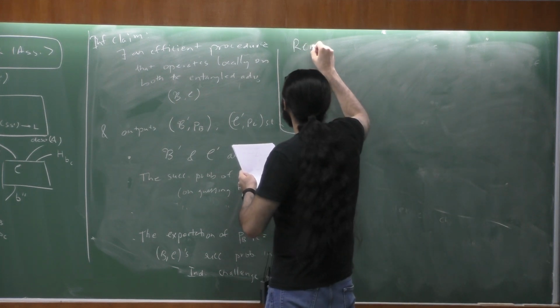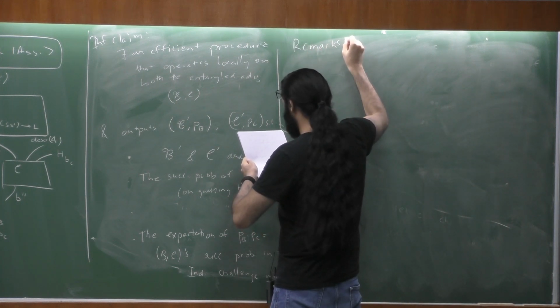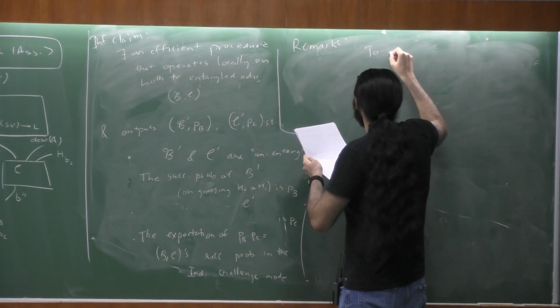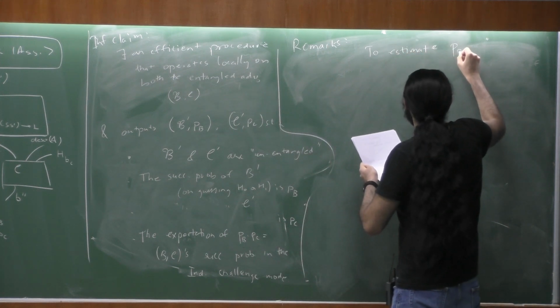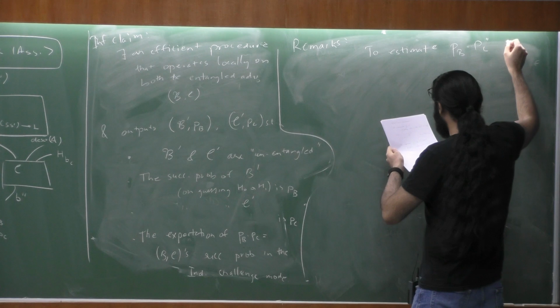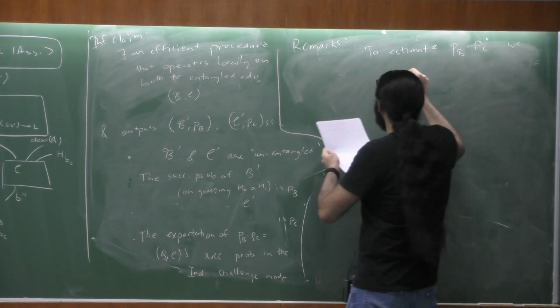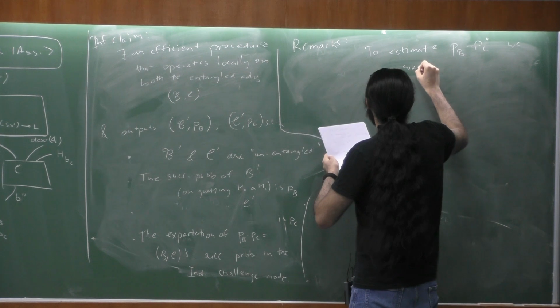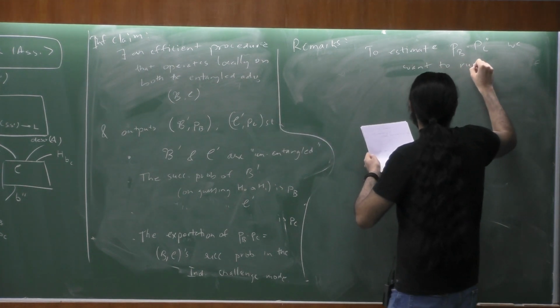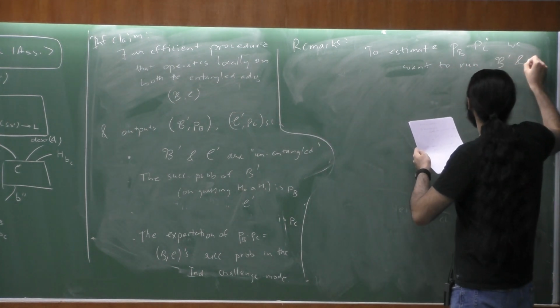So now let's look at some remarks. Okay, so to estimate pB·pC, right, we want to run B prime and C prime.